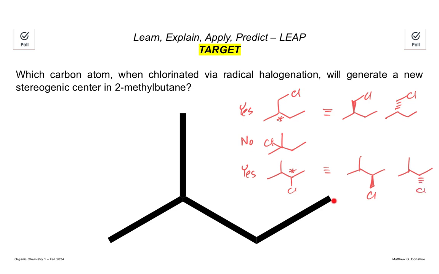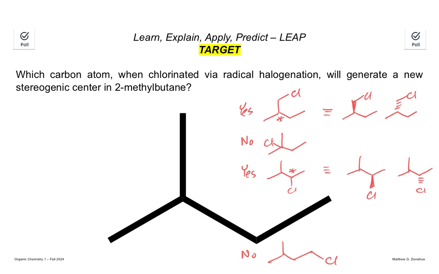And then finally, the last set, this H from the methyl, if you substitute that, you're going to have 2 H's, but then nothing else is really differentiated, so that will be no. So if we count, we have 1, 2, 3, 4, wait. 1, 2, 3, 4, 5, 6.